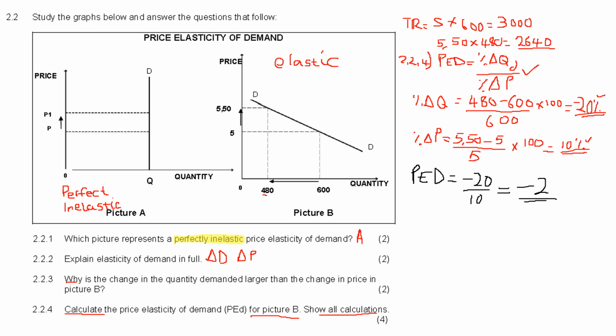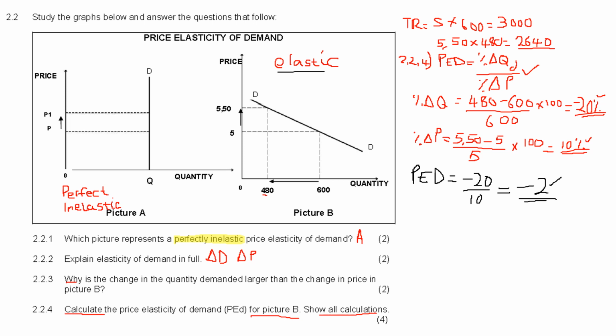We ignore this negative, so this is fitting between 1 and infinity. 2 is greater than 1 but less than infinity. So this coefficient confirms that this is a relatively elastic demand.